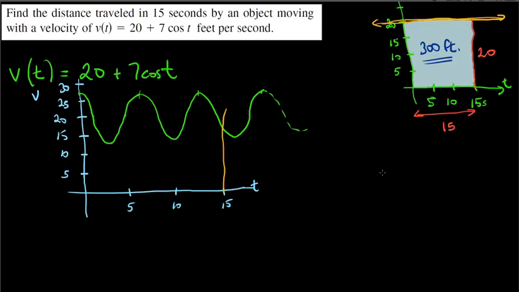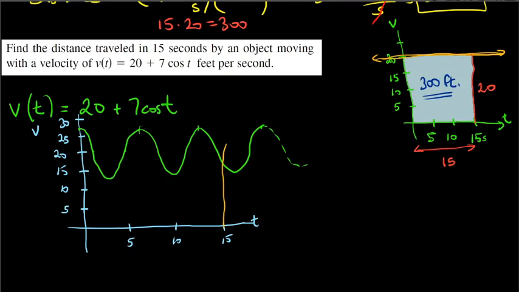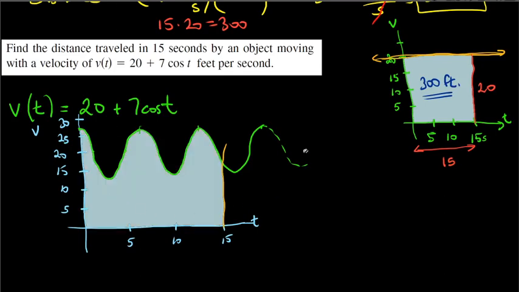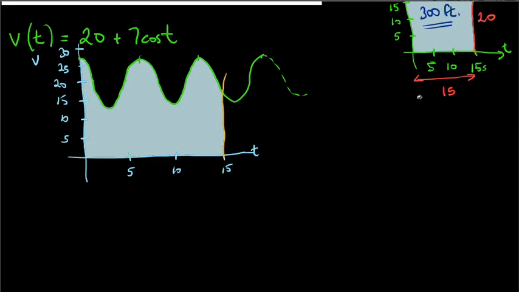So the lesson for the first example is, all I need to do now is find the area of this region. And that should be the distance that we travel. So you can see, finding the area of this region it's not quite as simple, right? It's not a rectangle. It's not a rectangle at all.